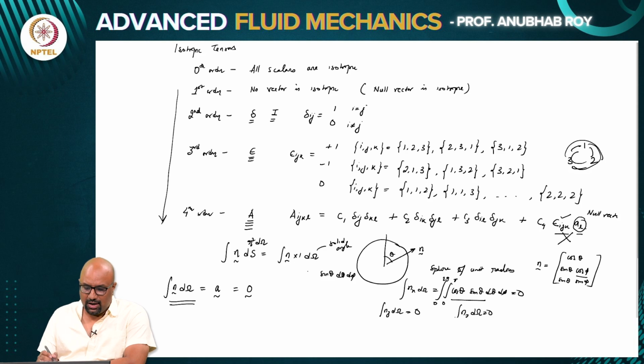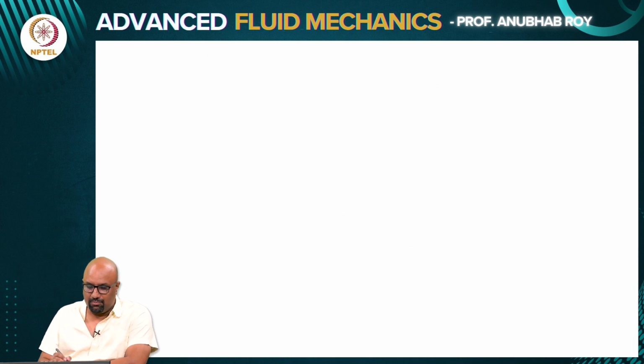But again, it was not a huge advantage in terms of calculation time. What if I am trying to do an integral of this object? This nn is, in index notation, ni nj. It's known as a dyad. It's a second order tensor involving the two unit normals.